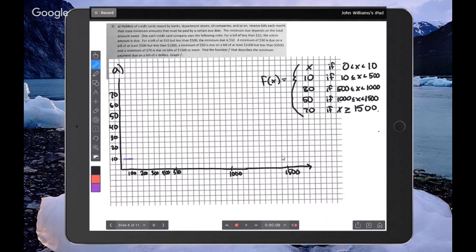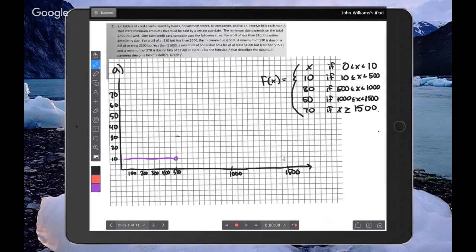The section that I had to zoom way in to get, and then it stays 10 for bills all the way out to 500. But at that point, it does have a hole because we're discontinuous at that point. So the next set is 30 bucks if we're between 500 and 1,000.